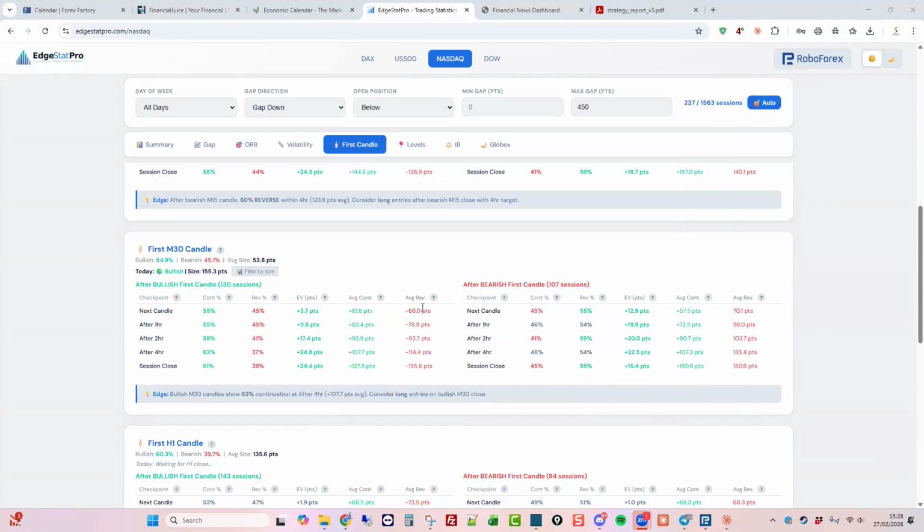Yeah. If it's going to go against you, how far is it going to go against you in the next 2 hours? On average, 93 points. Yeah. If you set your stop more than 93 points, I mean, you could use this as a positive, a negative R strategy if you wanted to. Yeah. You know that most of the time it won't move more than 93 points against you within 2 hours. Yeah. And there's a probability it could go 93 points in your favor.